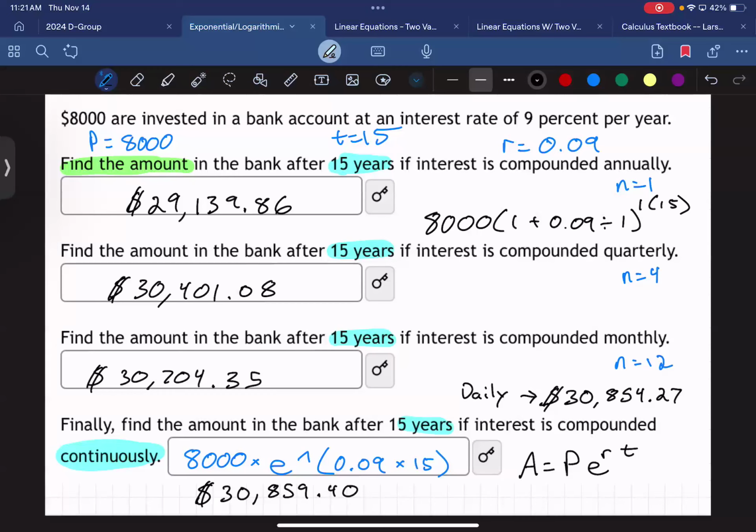So if the word continuously is up there, you're going to use A equals P E to the R T. That is the key. If you see continuously, hey, I need to use that formula. I think it'd be better to default by starting with the compounded n times per year formula, right? But once you see the word continuously, hey, that's that other formula with E involved.